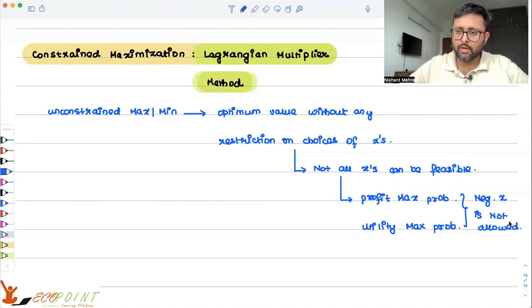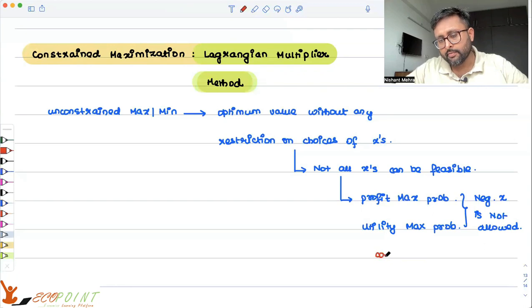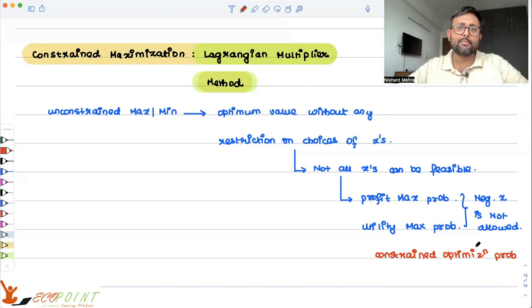So in these kinds of problems, where not all values of x's are allowed, these are called constrained optimization problems, right? Where the x's can be constrained so that only positive x's are allowed. Only x from 0 to infinity is allowed. Non-negative x's are allowed.